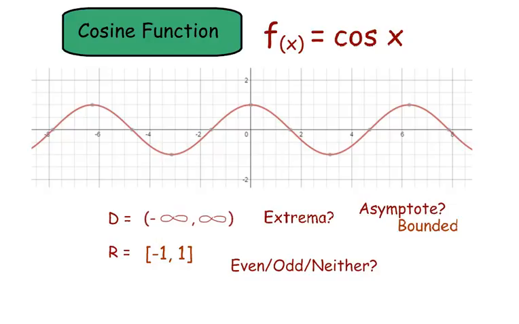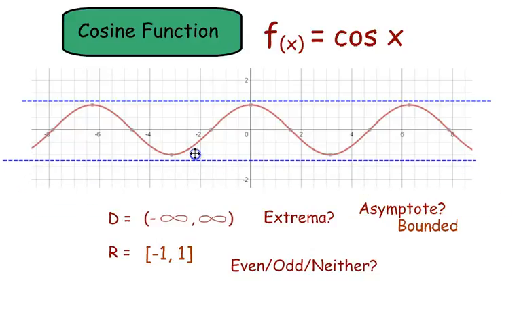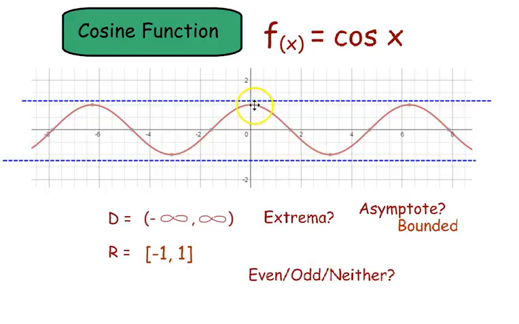Bounded at the top by a horizontal boundary, and bounded at the bottom by a horizontal boundary, y equal -1 and y equal +1. And this function, because it exhibits symmetry about the y-axis, you would consider an even function.